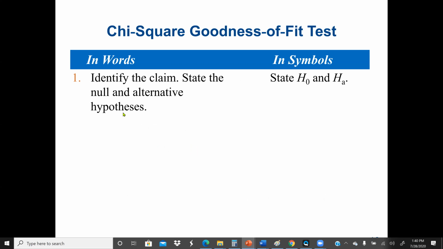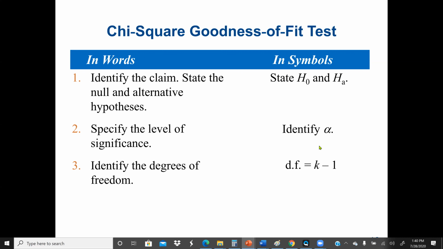So first we need to identify the claim, and state the null and the alternative hypotheses. So here we state H0 and HA. Second step, we specify the level of significance, so we identify our alpha. Then the third step, we identify the degrees of freedom. Here, the degrees of freedom is always k minus 1.